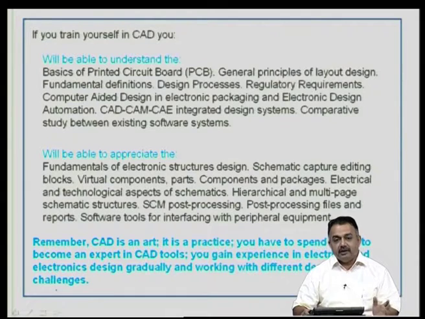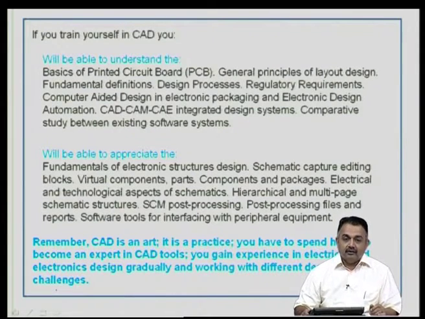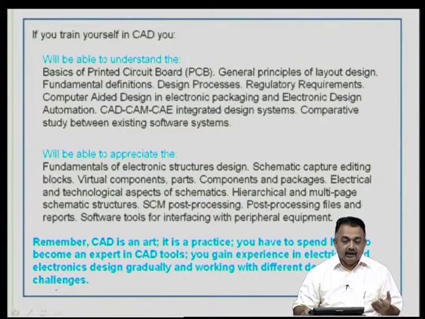So, you gain experience in electrical and electronics design gradually. It takes a lot of months of hard work and working with different designs and challenges to really say that you become an expert in CAD. And CAD is not a tool that can be taught to you every day.